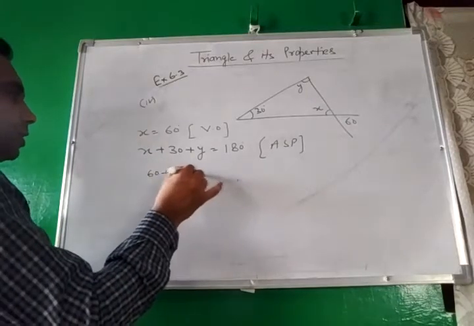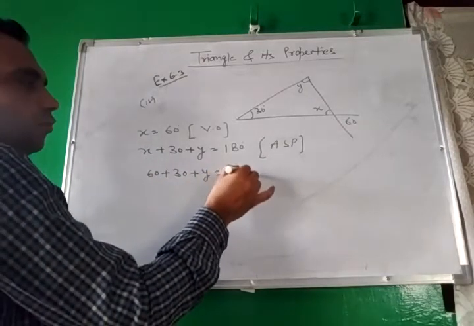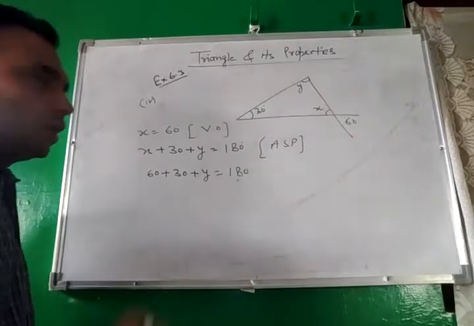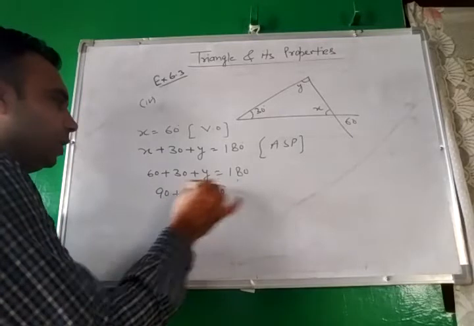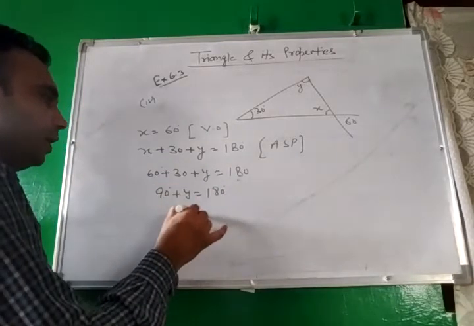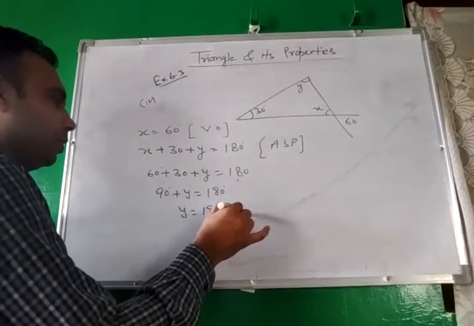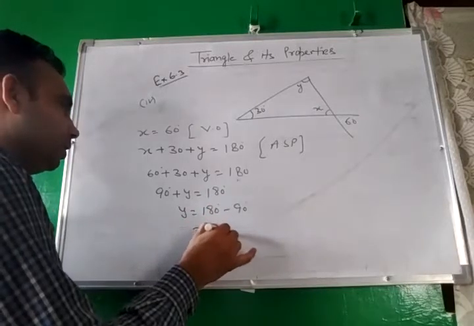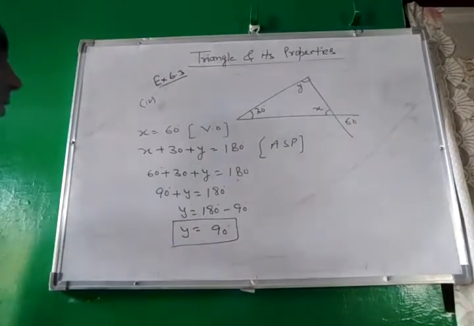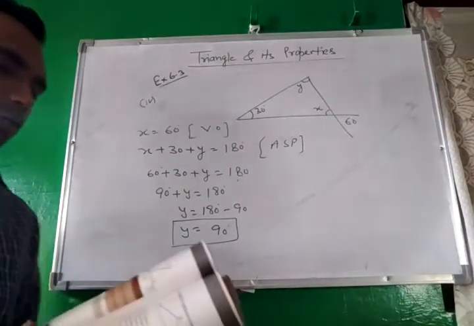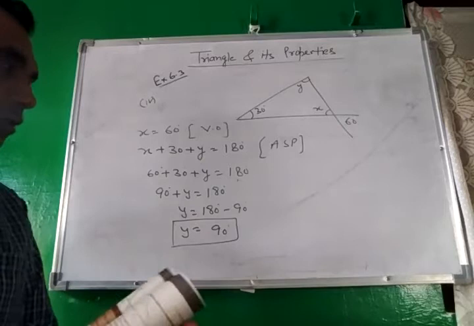So 60 plus 30 plus y is equal to 180. 90 plus y is equal to 180, or y is equal to 180 minus 90, which implies 90 degrees. So x is equal to 60 and y is equal to 90.